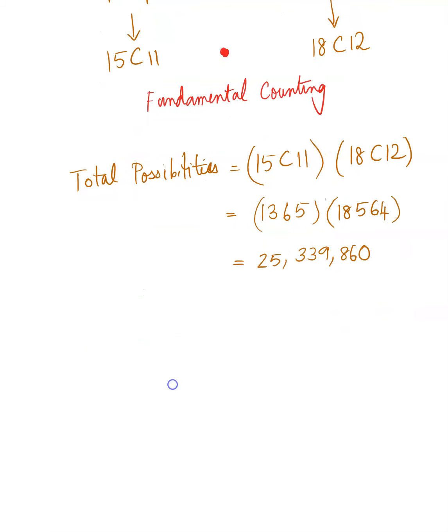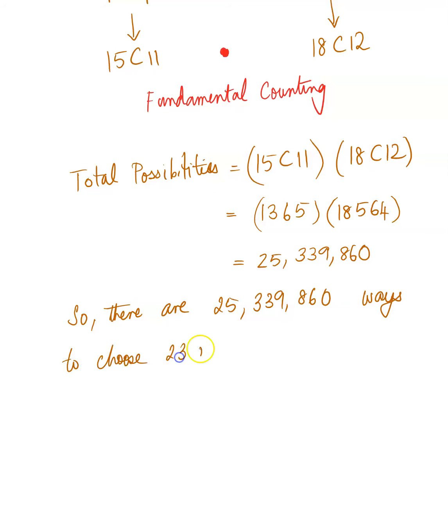As you can see, I have computed them separately and I multiplied it out. That's a huge number. So we'll say there are this many ways to choose 23 representatives with the 11 from the first company and 12 from the second company.